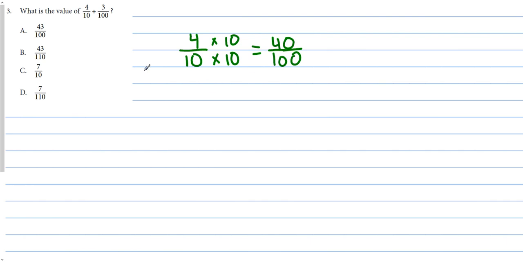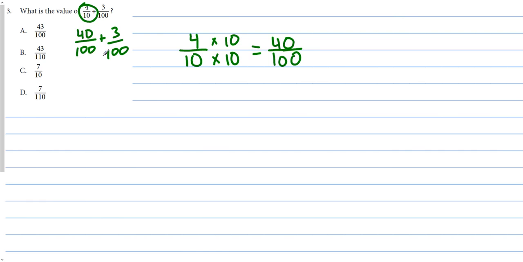Now we're ready to add that up. So we're going to replace this 4 over 10 with 40 over 100 plus the 3 over 100.